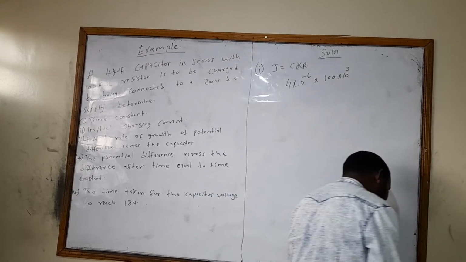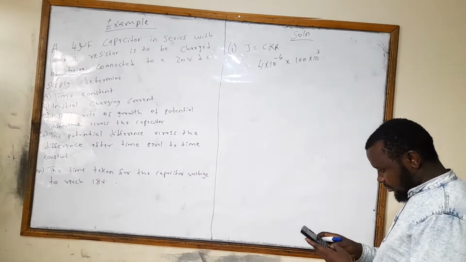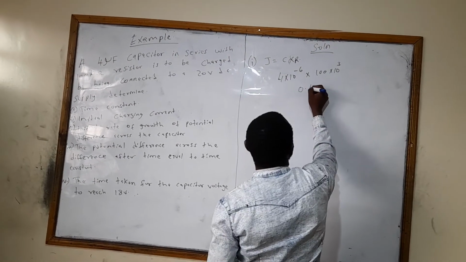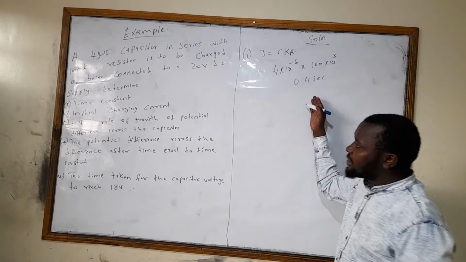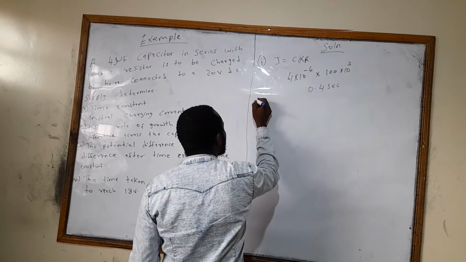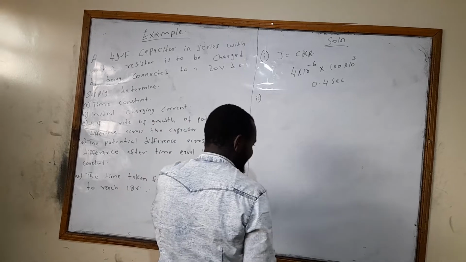Let's take my calculator and solve this. That is 0.4 seconds. We have solved part 1. Let's go to number 2, the initial charging current.